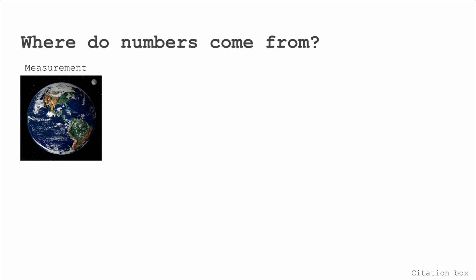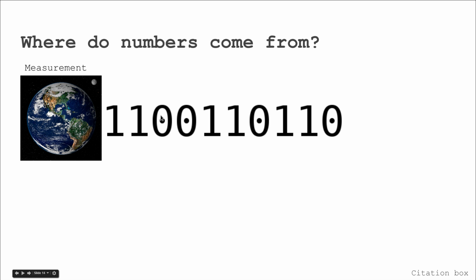But for our purposes, whether the natural world is just numbers or something else, the only way that we as scientists get these numbers out of the natural world is by measurement. And what that means is that when we measure a process in the natural world, we see a set of numbers that comes out. In this case, I'm modeling some phenomena as a stream of zeros and ones that I want to measure.